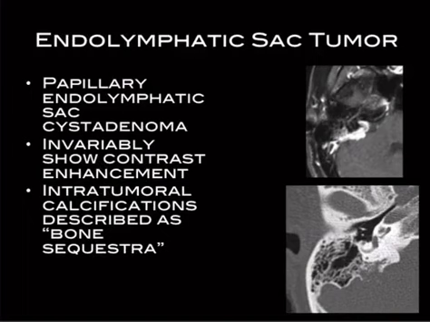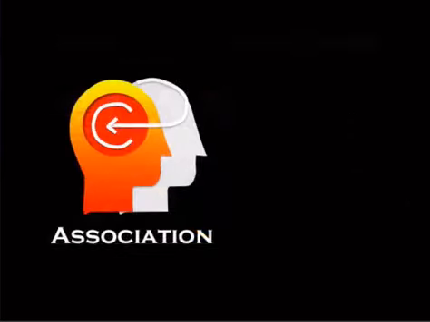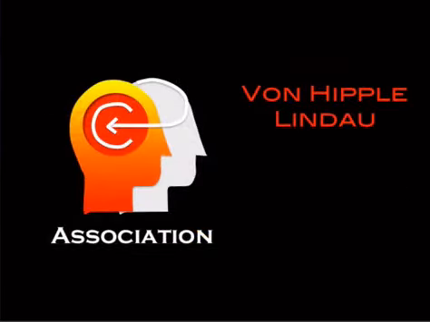What it enhances, and it has intratumoral calcifications, that sort of moth-eaten, chewed-up looking appearance, amorphous calcification. And the number one thing you need to know about it, if you remember anything other than the location, is this: VHL.